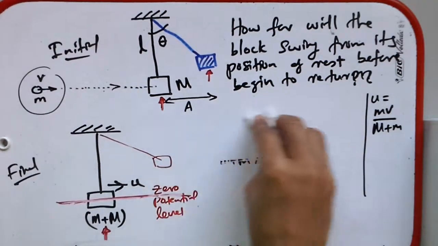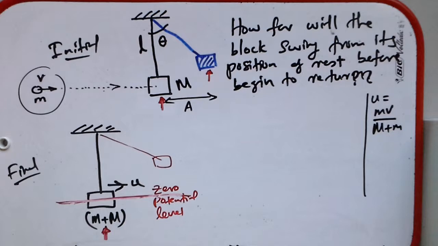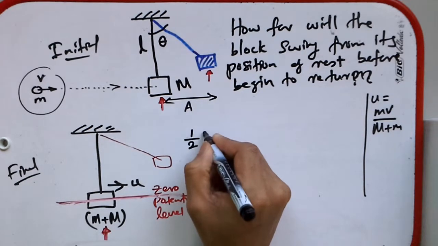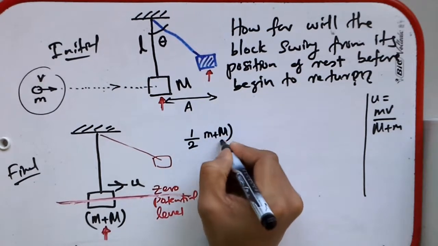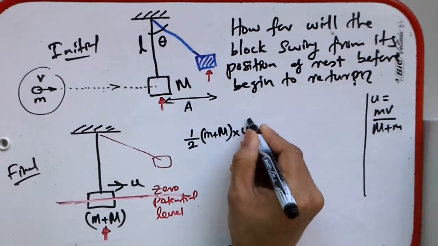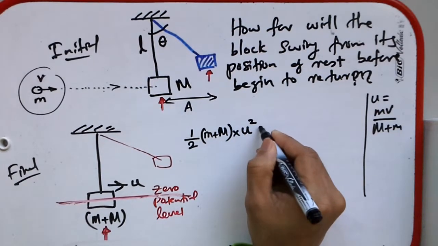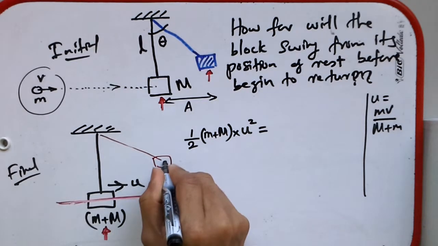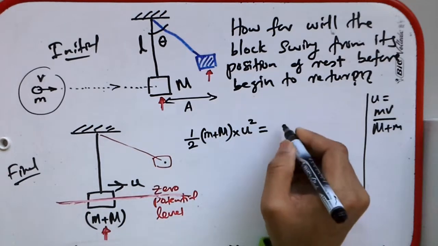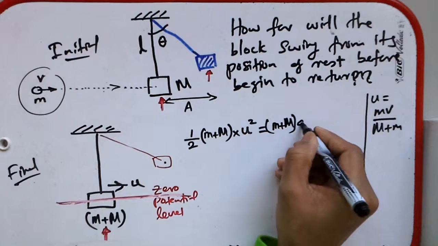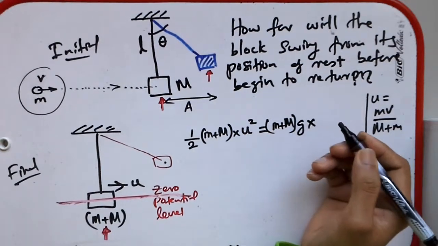So the total energy here, you have only the kinetic energy, which is half times small m plus big M, the total mass of the system, times u squared, which is equal to, here you have only potential energy, which is (m plus M) g h. What is h now?